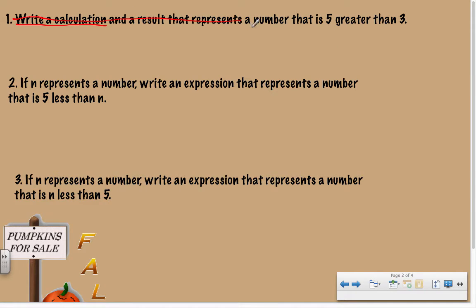Well, first of all, a number. Do we know what that number is? No, so that represents by x. And this number is fancy equals 5. All right, I did number. I did 5.